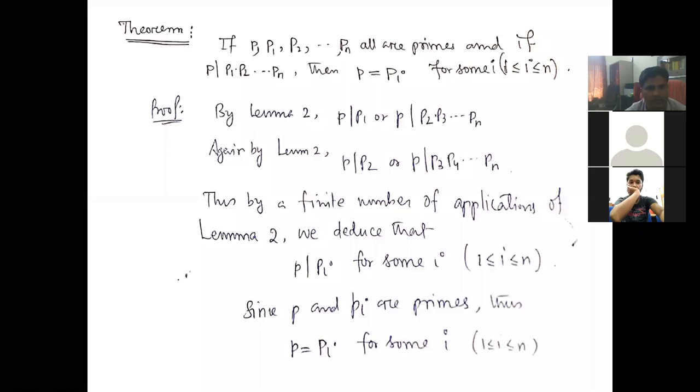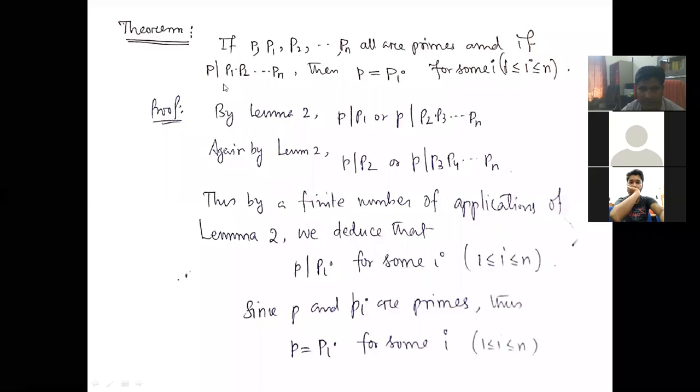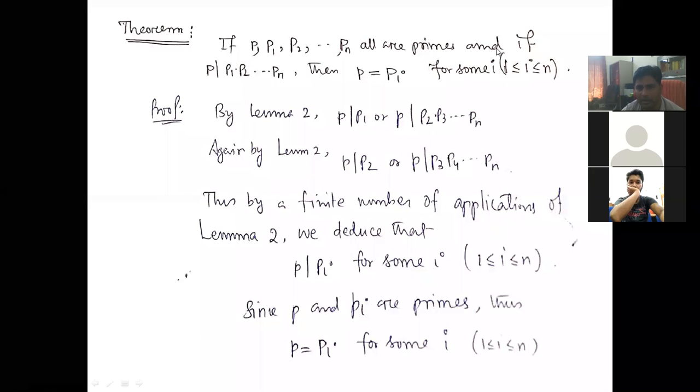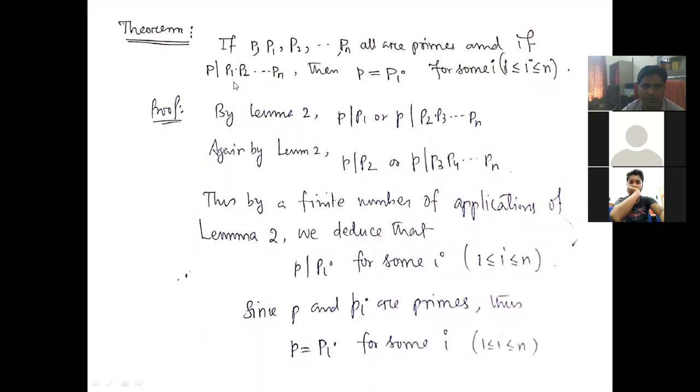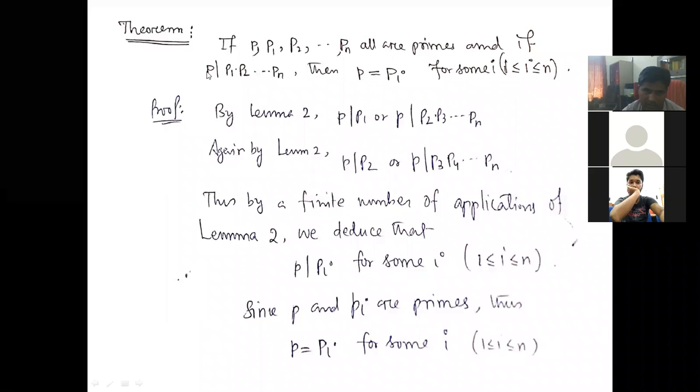Now theorem: if P, P1, P2 up to Pn all are primes, and if P divides P1 P2 Pn, then P equal to Pi for some i, 1 less than or equal to n. इसका मतलब P इनमें से किसी एक के बराबर, ठीक है.